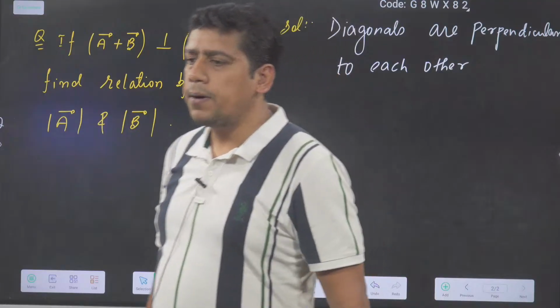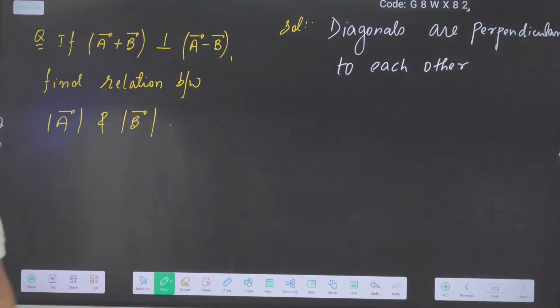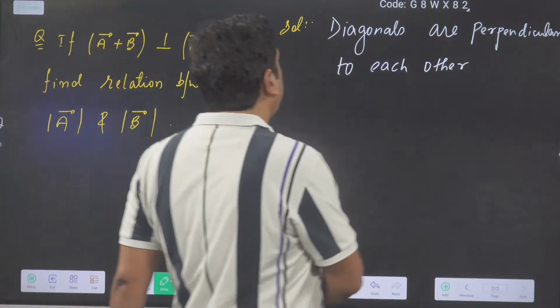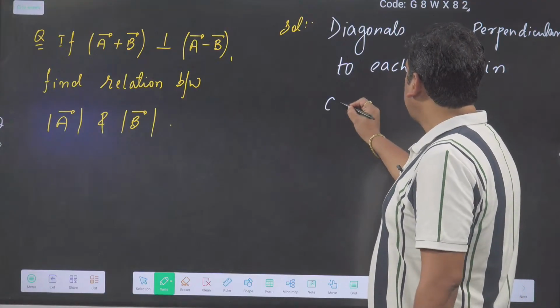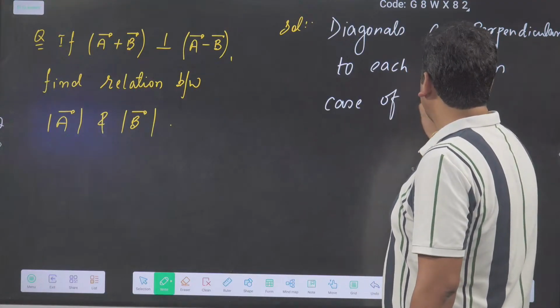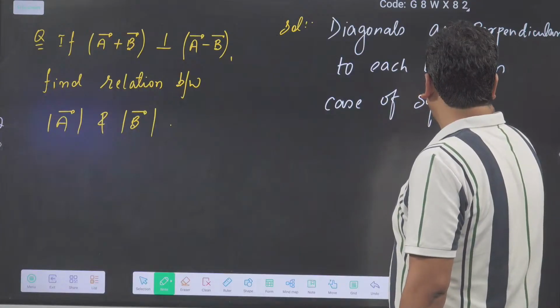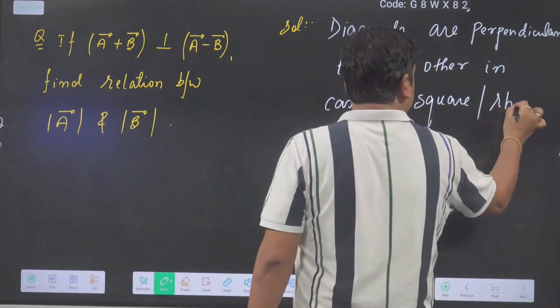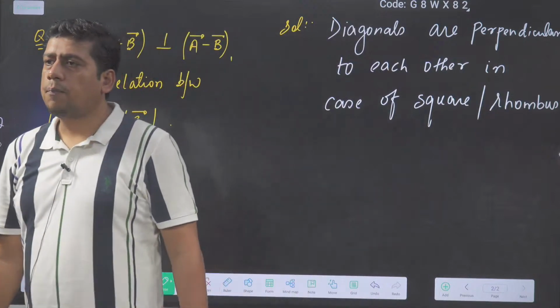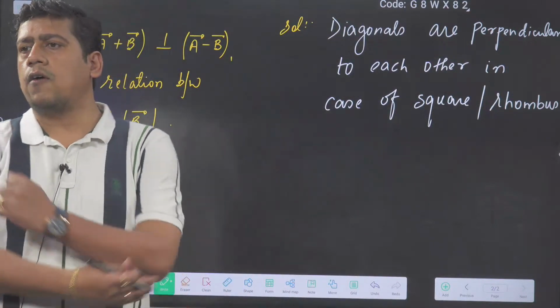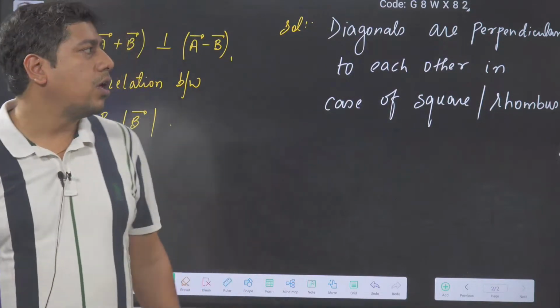They are perpendicular to each other in case of a square or rhombus.